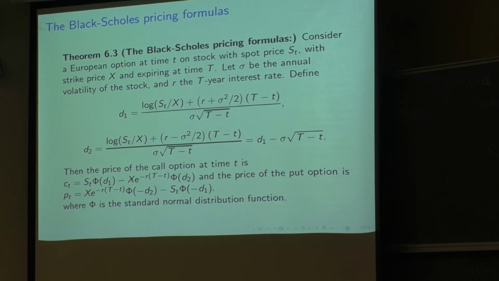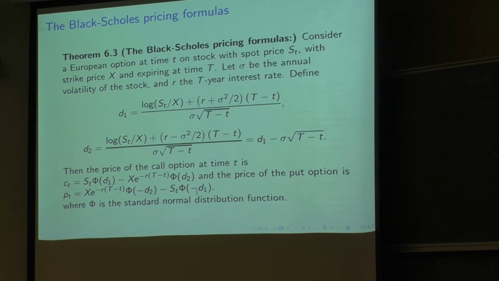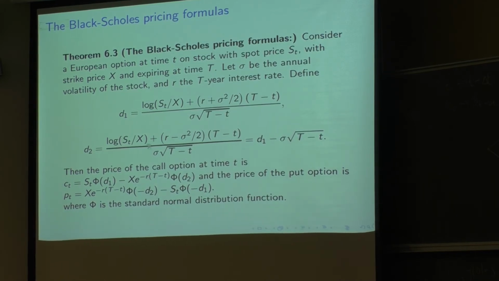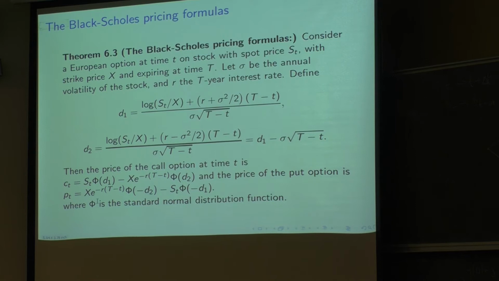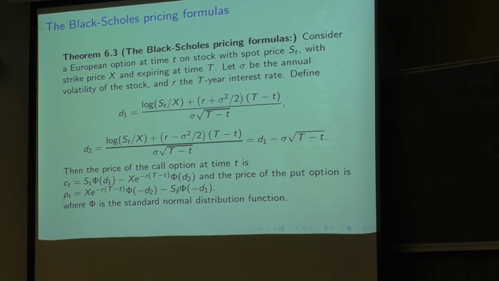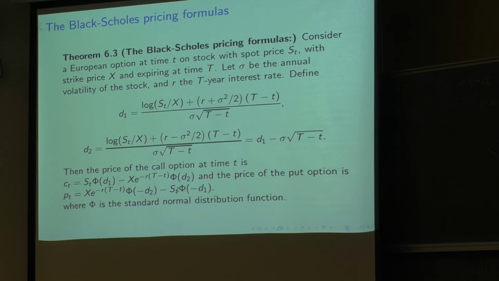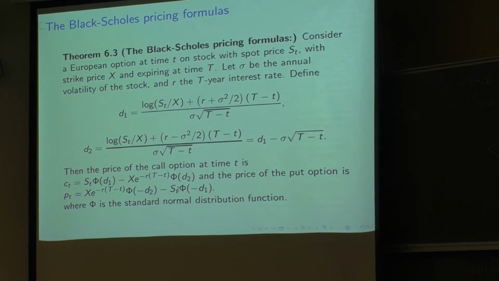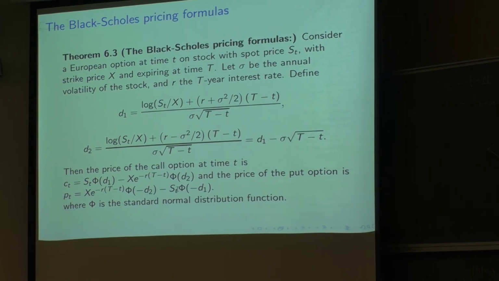And if you want the price of the put option with the same strike price and same underlying asset, then it's this other expression, which involves the d1 and d2 we computed here, the strike price, the time to expiration, and the underlying asset price at time t. Okay? So I promised to show you this, and I'm showing you this.